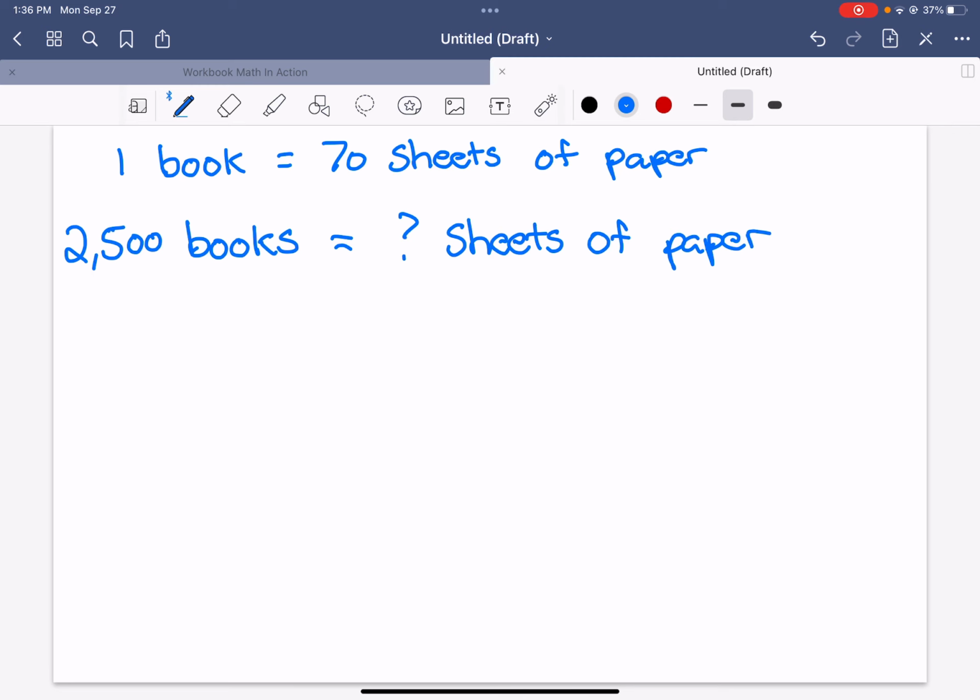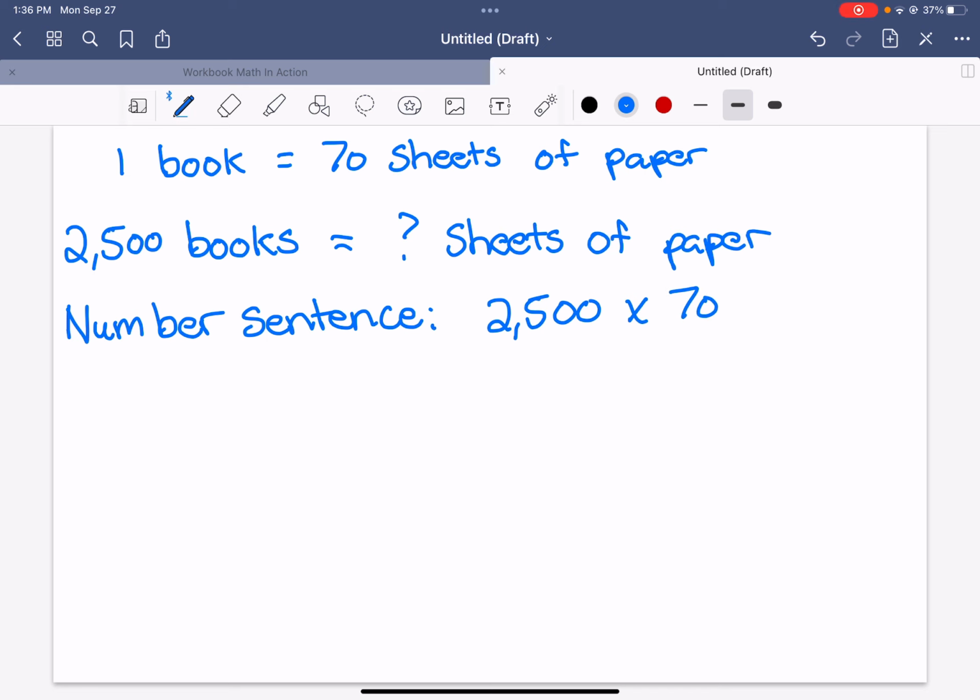Our number sentence. 2,500 times 70. Right? So how many zeros do we have? We have 1, 2, 3. 3 zeros, right?